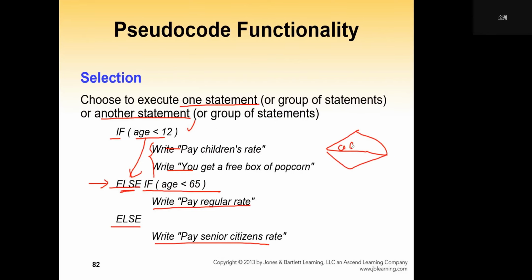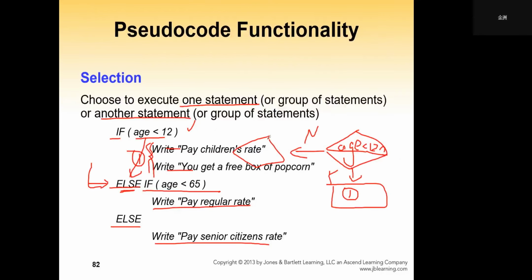So it firstly determines whether age is smaller than 12. If it is yes, then we process this first sentence. If no, it goes here, and then we check another condition, age is smaller than 65. If this holds, then you go to this second process.